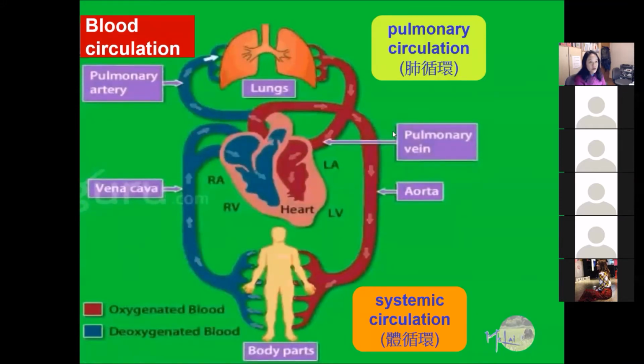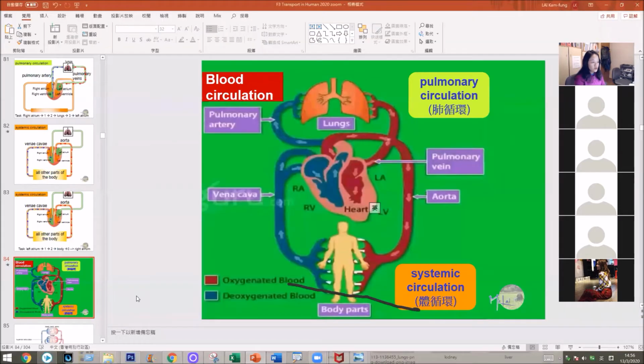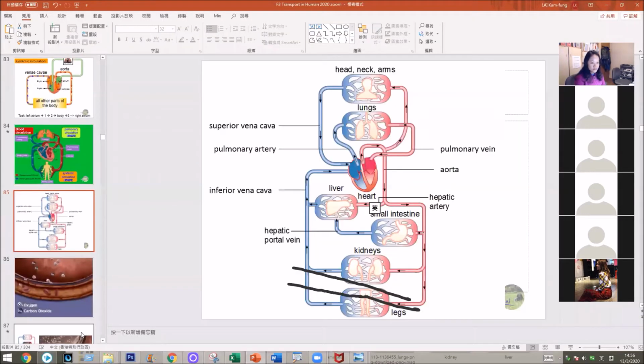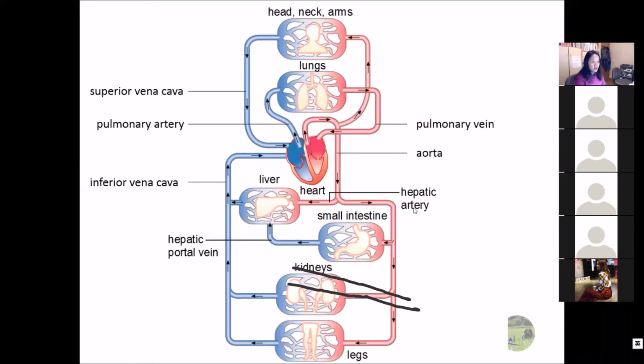Okay, so let's go to this one. This is the double circulation, showing you more details about the systemic circulation.